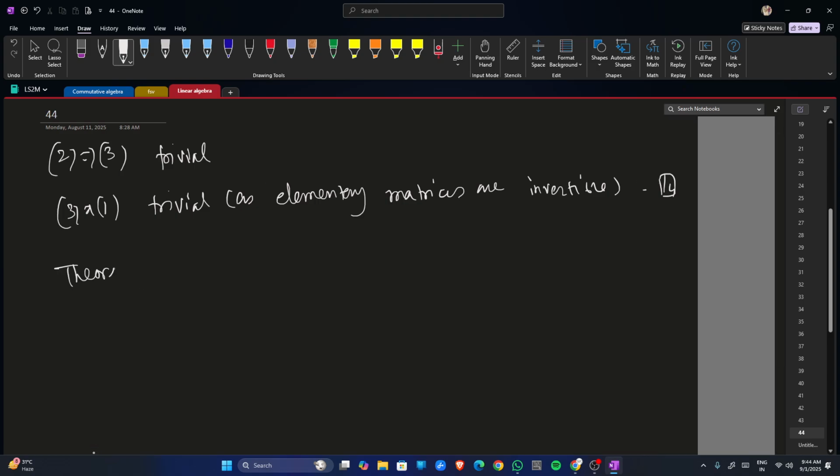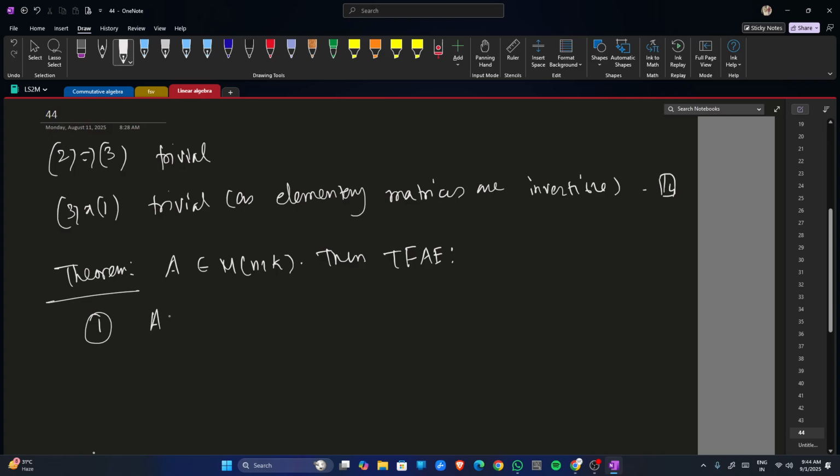Theorem. A belongs to M_n(K), then the following are equivalent.